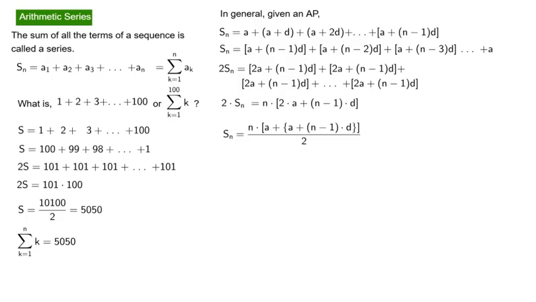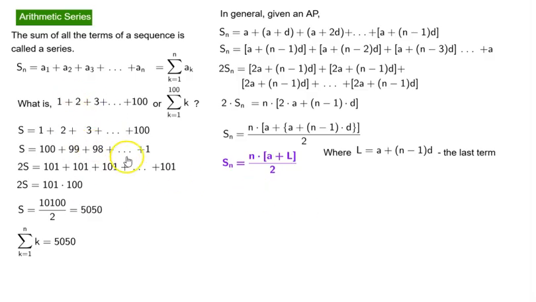So here 2a we have split it. So this term a plus n minus 1 d is nothing but the nth term, which is the last term in the series. So we can write it as S sub n is equal to n times a plus l by 2, where l is the last term. So this becomes our formula.